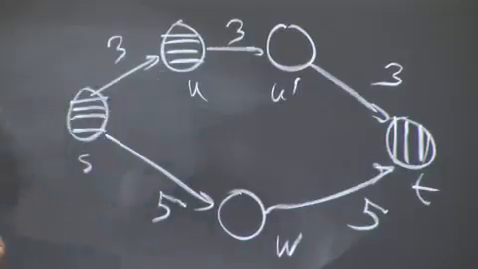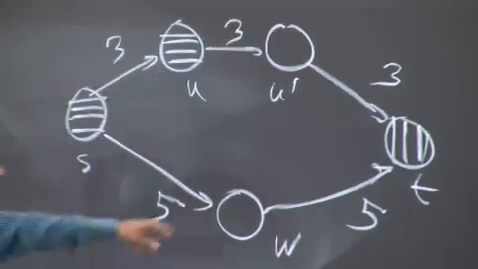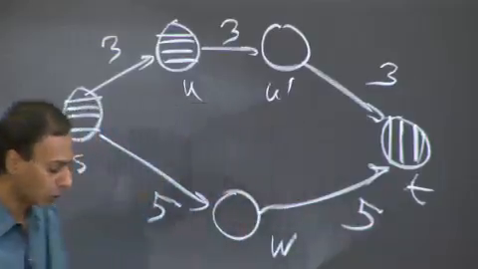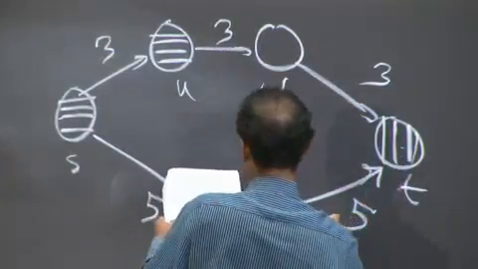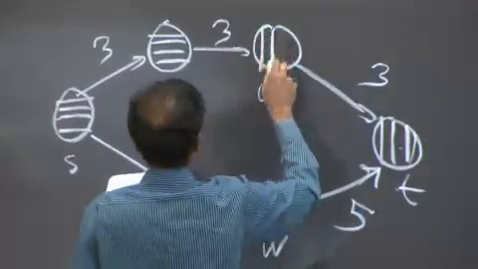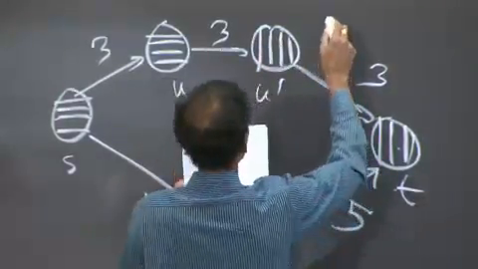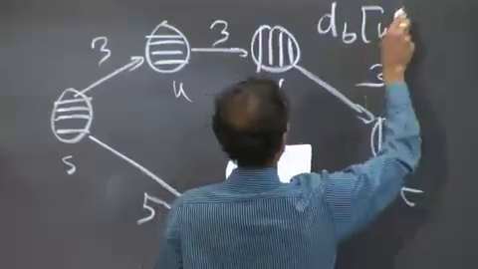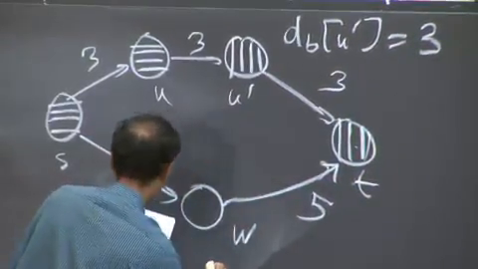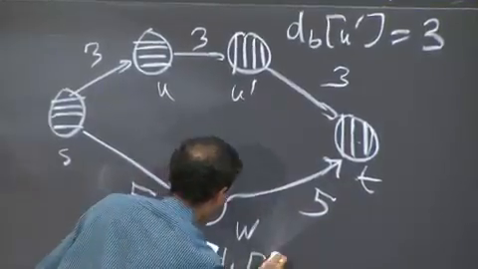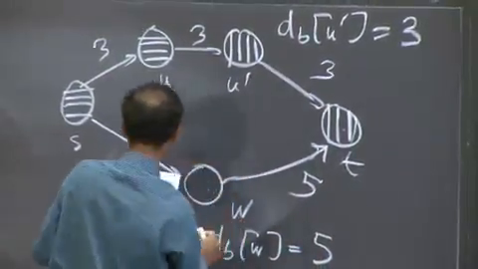The hash horizontally means that it's been removed from QF. The hash vertically means that it's been removed from QB. And so when I look at this and do a backward search, I'm going to hash this, and I'm going to set dB of U prime equals 3. And I have dB of W equals 5.